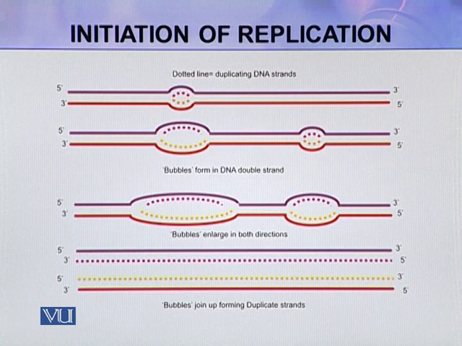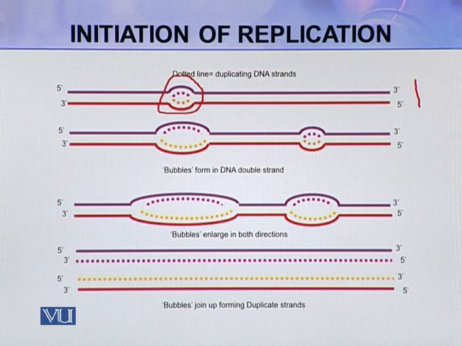As in this figure you can see, this is a chromosome, a double-stranded DNA molecule. Here is the point where the replication has been started. So this is an origin of replication. Besides this point, in the same DNA molecule, there is another point where replication is initiated.